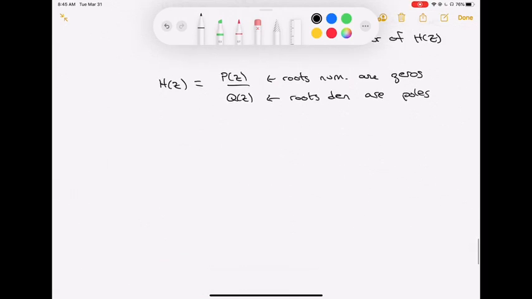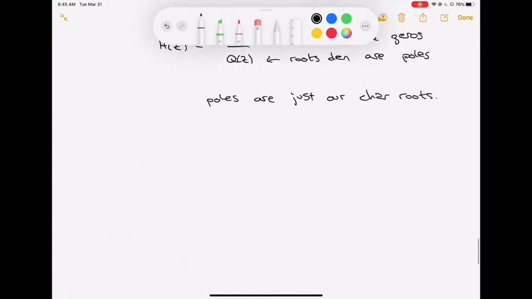And we see that the poles are just our characteristic roots. And we know we can use those characteristic roots to establish stability. So the poles tell us about the stability of our system.